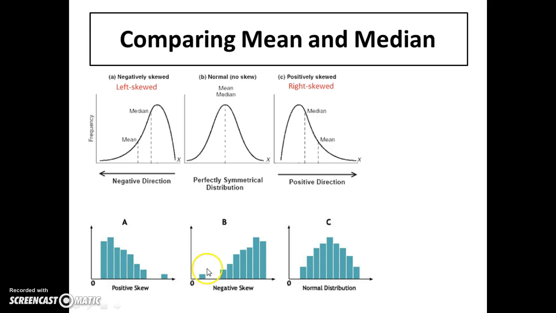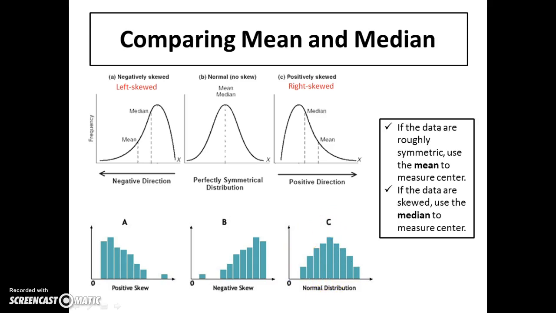So we can sketch the curve on top of our histogram, and that allows us to identify roughly mean pulled towards the tail, median roughly the midpoint, and of course in a normal or symmetric distribution they are in the same place.